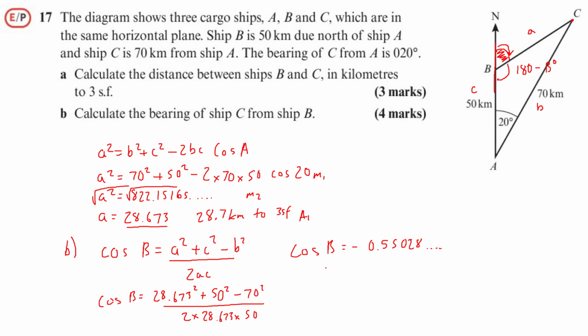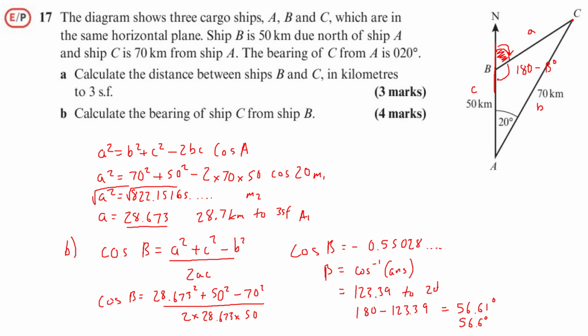And inverse cos that, so B equals of your previous answer, and you should get 123.39. I'm just going to round that to 2 decimal places. Now, because of what I told you, it's a straight line minus that angle B, and that would equal 56.61 degrees, and that will be acceptable, but the book gives it to 3 significant figures.